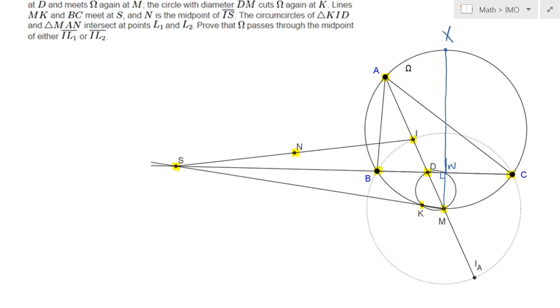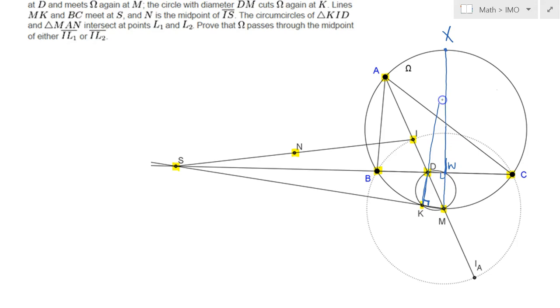Okay, and let me remind you that this angle here is 90 degrees. So DW and WM meet at a 90-degree angle. Secondly, we will draw line KD. Again, this is another 90-degree angle here. Angle MKD is 90 degrees.